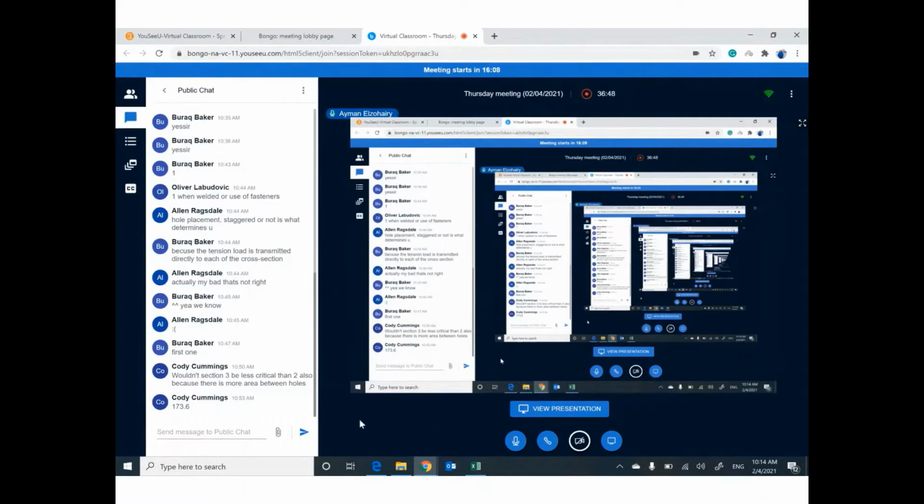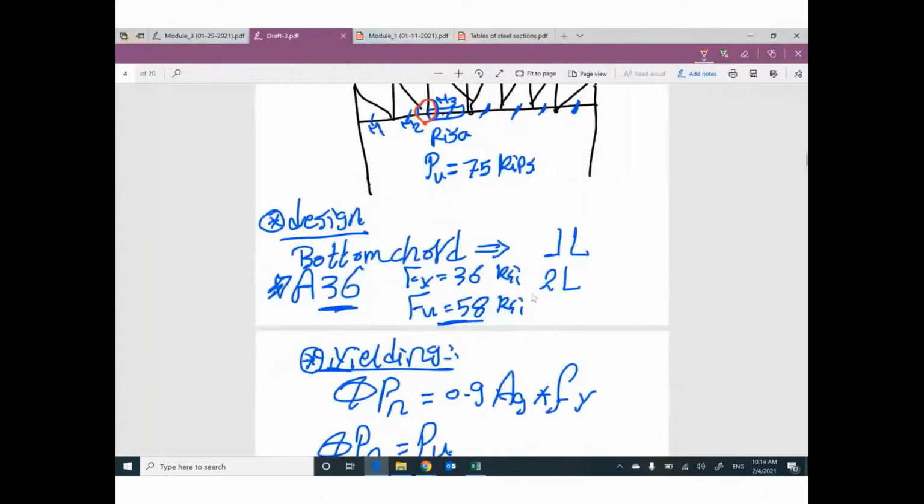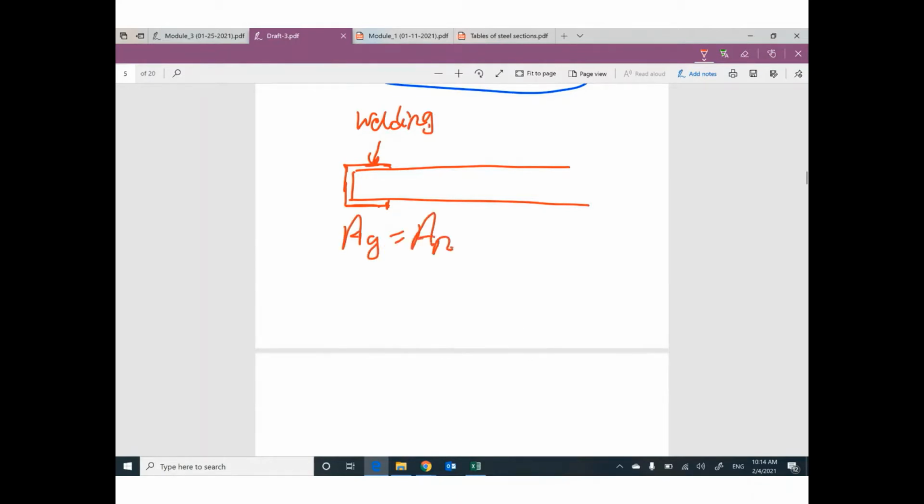Until this moment, we are designing the member, and we are assuming the end of the member is connected by welding. That means area gross will be the same as area net.